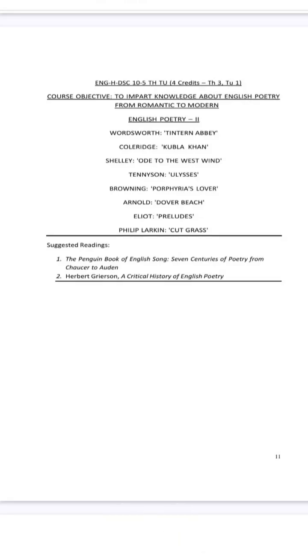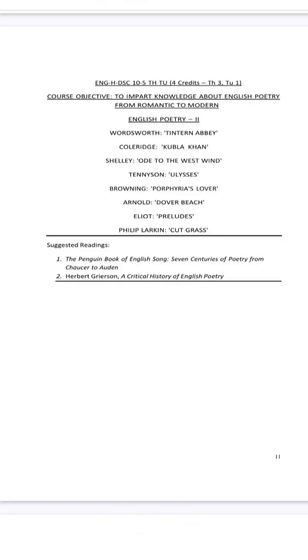Then we have Kubla Khan by Samuel Taylor Coleridge, with the focus on imagination, the supernatural elements in the poem, dream vision, the fragmentary nature of the poem, and how romantic fascination is merged with the subconscious in the poem.